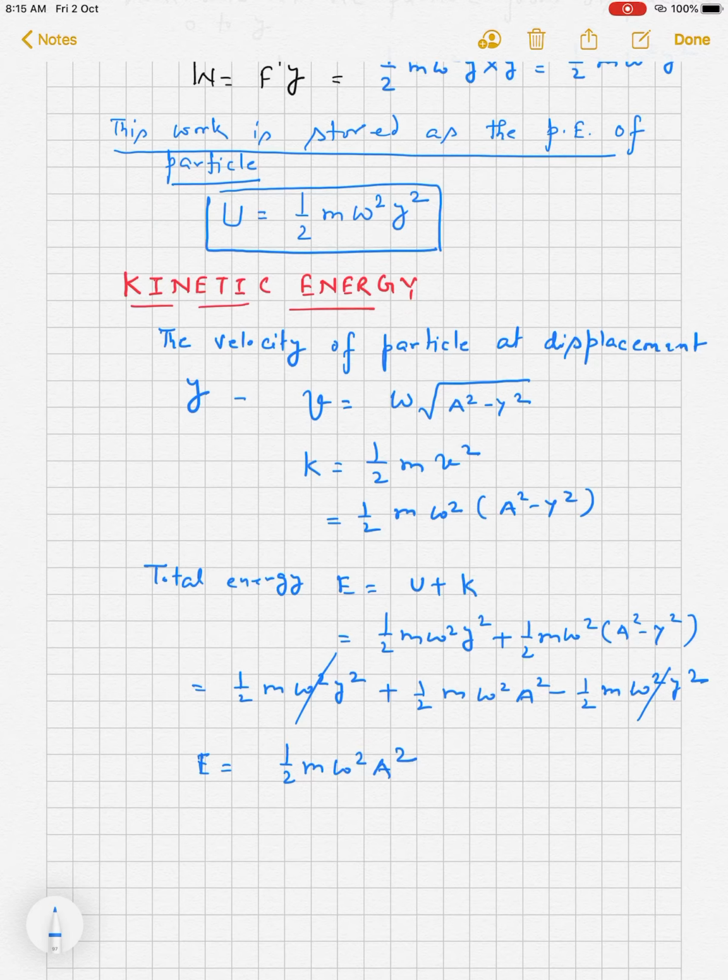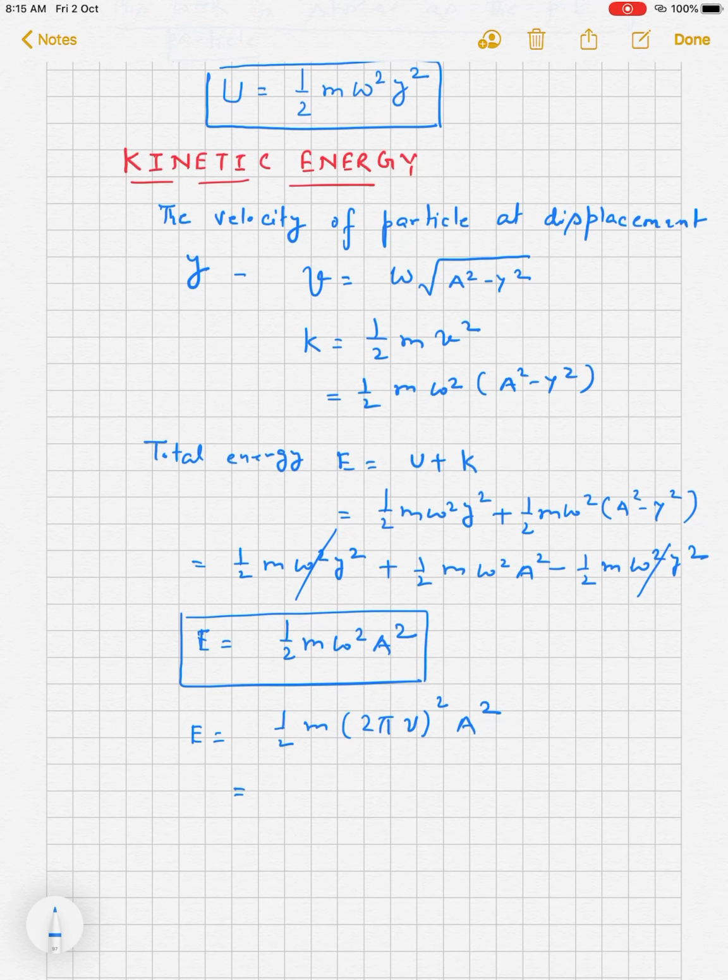We can also write the total energy in another form. E can be written as half m into 2 pi nu whole square into a square, that is half m 4 pi square nu square a square.